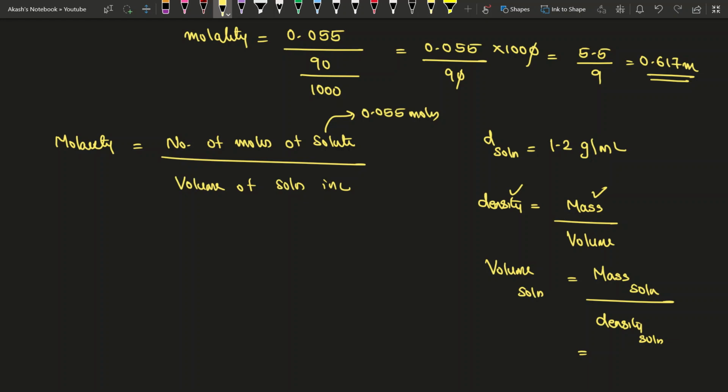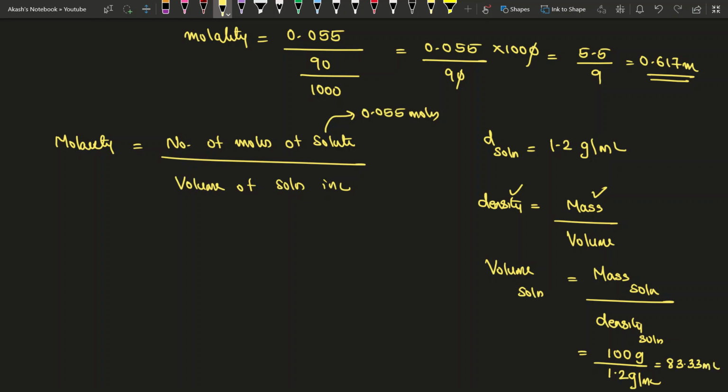Why? Because in the beginning, since they have given mass percentage, we considered 100 gram of solution in which we have 10 gram of glucose and 90 gram of water. So the mass of the solution is 100 divided by the density, 1.2. Here the unit is grams per ml, so gram will cancel. When 100 is divided by 1.2, you will get 83.33.